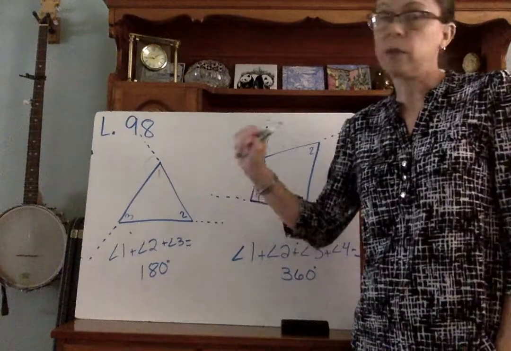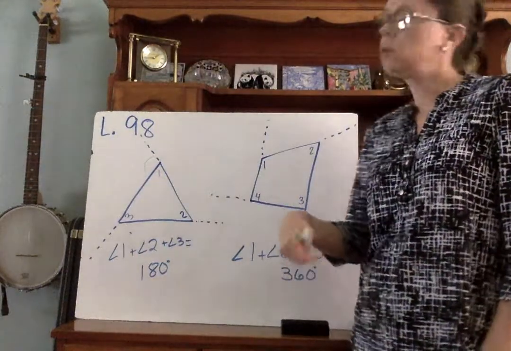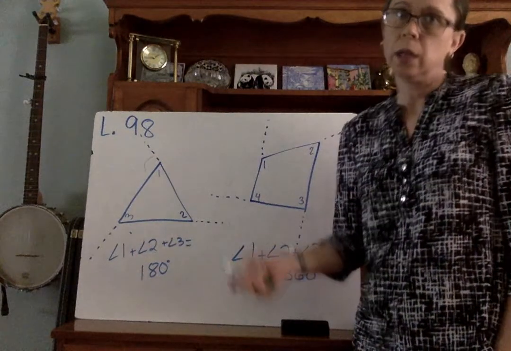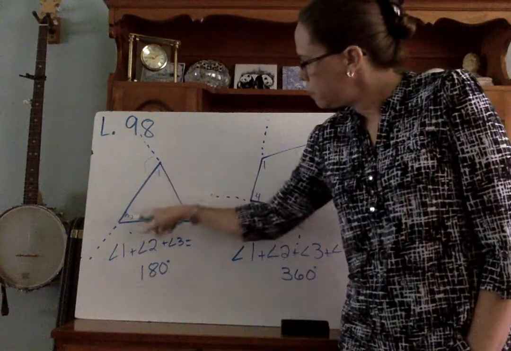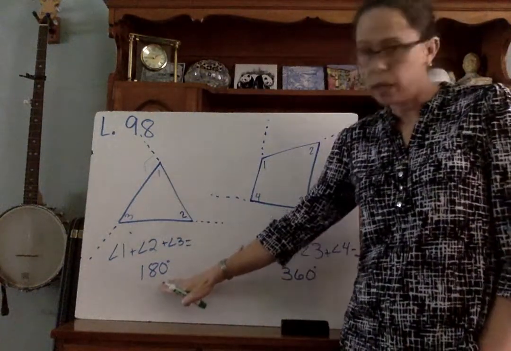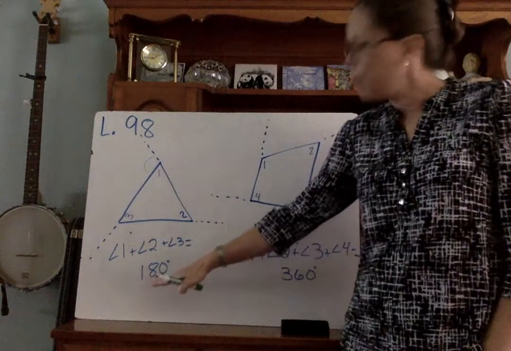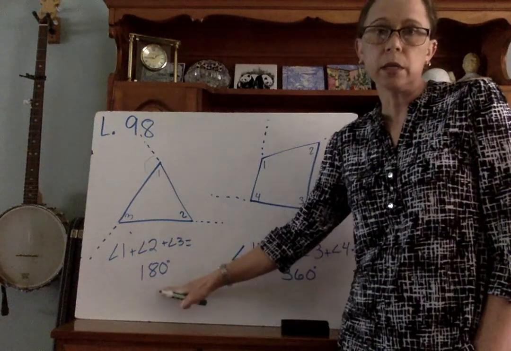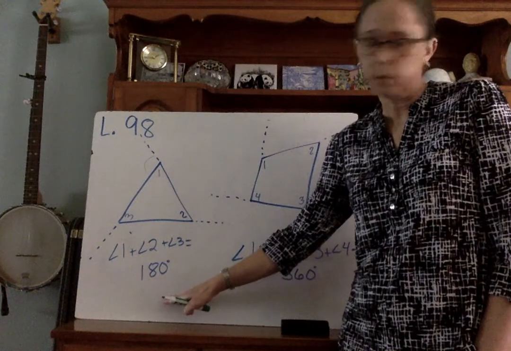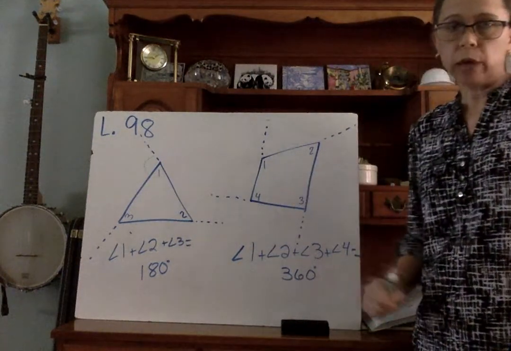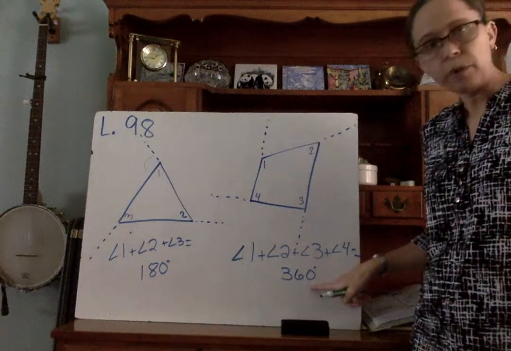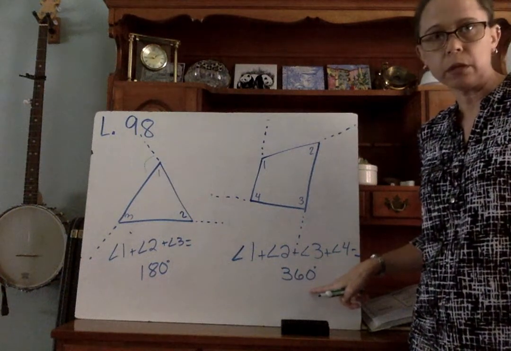It doesn't matter if it's an acute triangle, obtuse triangle, right triangle, scalene, isosceles, or equilateral. If we add the 3 angles of a triangle, the interior angles, they must add up to 180 degrees. You need to memorize this. Okay? If we add the 4 angles of a quadrilateral, they must add up to 360 degrees.